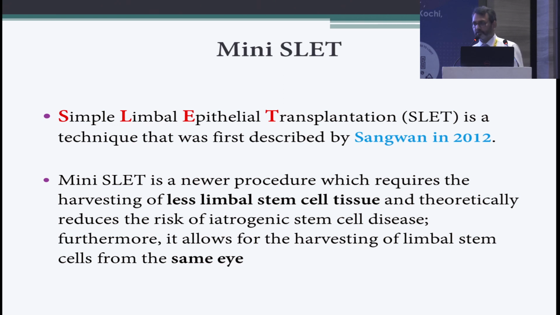If we remove a very large piece of stem cells, then we leave that area vulnerable, and the cornea can develop some problem because of lack of stem cells in the area from where we are harvesting. But in this mini SLET, we just have to remove 1 clock hour of stem cells from the limbus, and it makes it possible to harvest the limbal stem cells from the same eye.